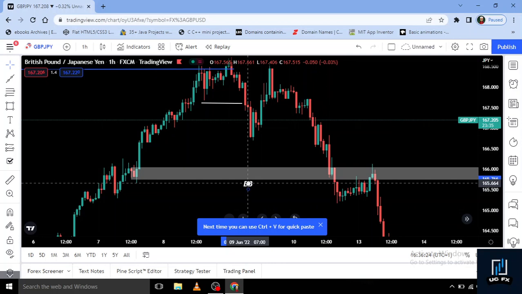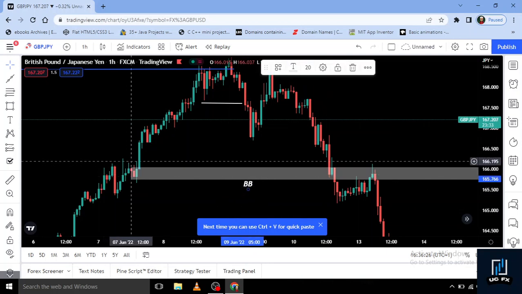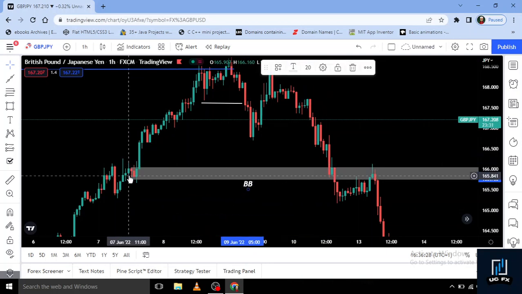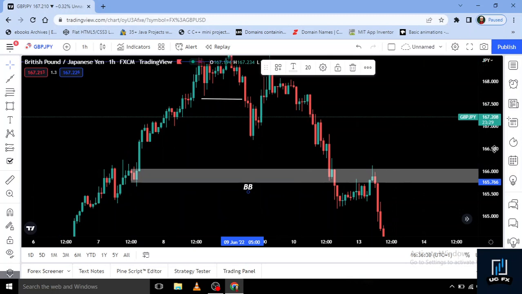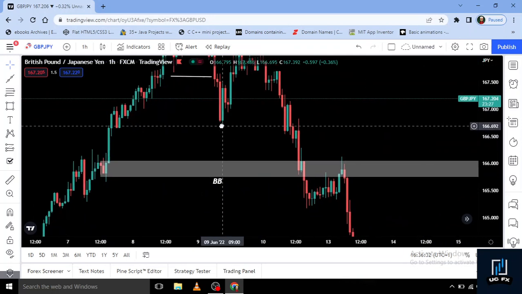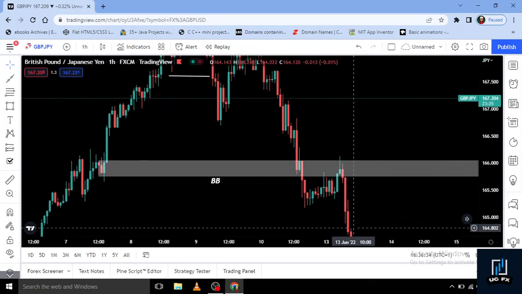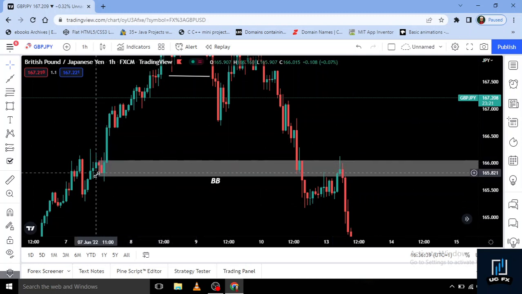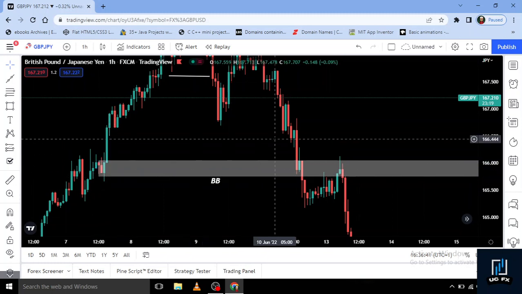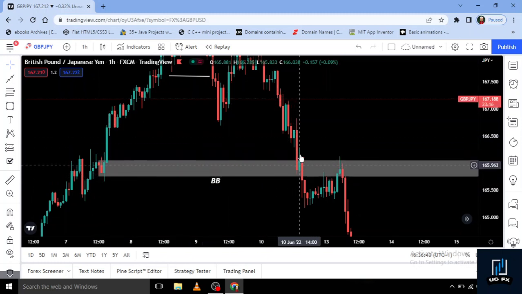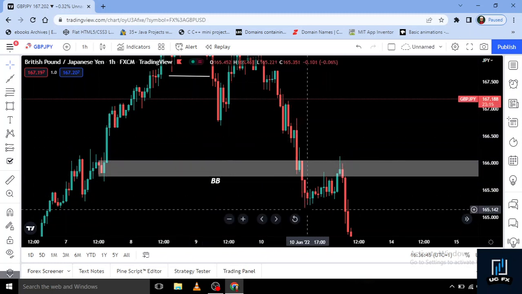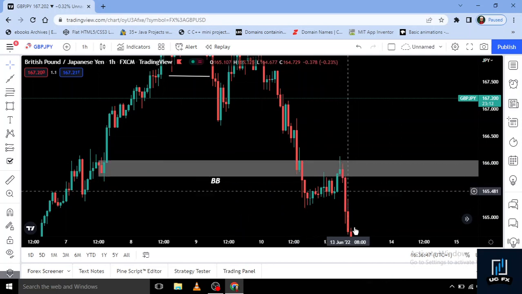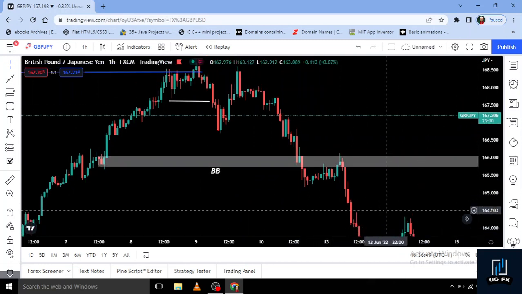In this point, we call this a breaker block because this other block failed to hold. And once a block fails to hold, it turns into what? A supply. Because this is a bullish order block, it's serving as a demand zone, but it failed. Hence, it will turn into a supply zone. You can see how the market went down from this point.